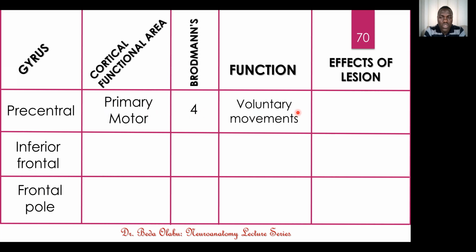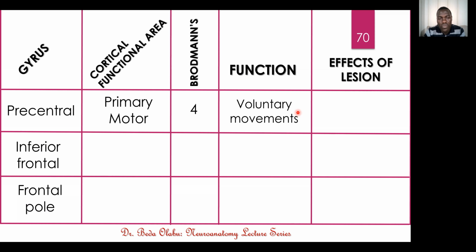Remember, when you talk of voluntary movements, you're particularly referring to innervation to skeletal muscles. So this is the part of the cerebral cortex that initiates voluntary movements, which control basically skeletal muscles.